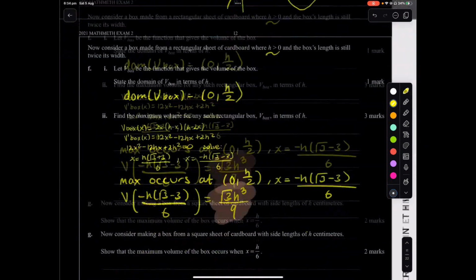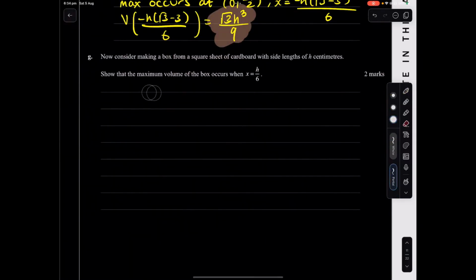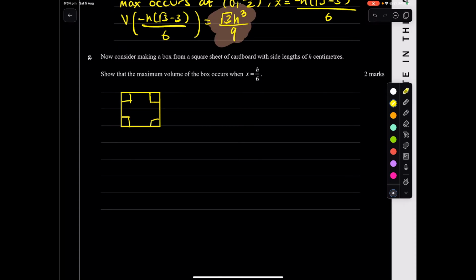So now let's look at it like this. If I draw a sketch over here, now it's a box. We're still cutting x's over here, same distance. We know that the side length is h, so this will be h minus 2x, and this also will be h minus 2x.